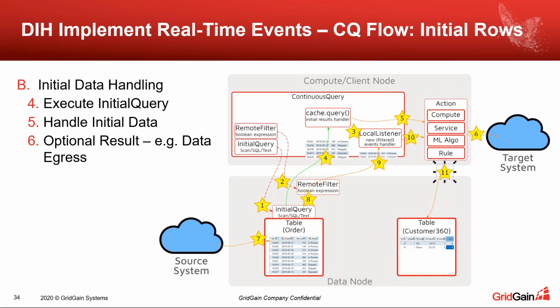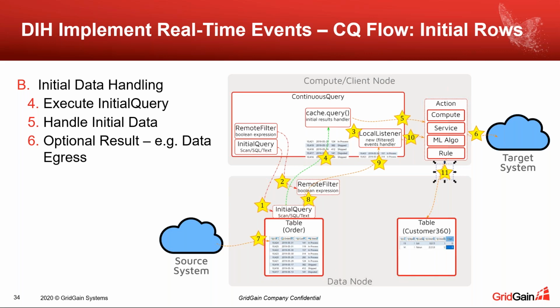The second phase is the initial data handling, because you're creating your continuous query, but what happened prior to setting it up? Well, prior to setup, there may have been data in the system. So you execute the initial query, you handle that initial data, and then you optionally deal with that initial data.